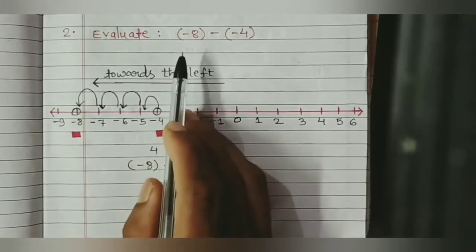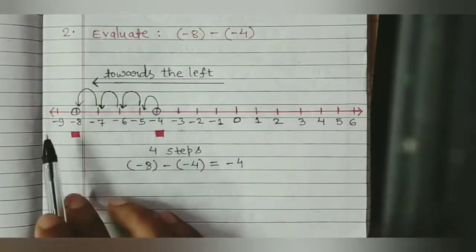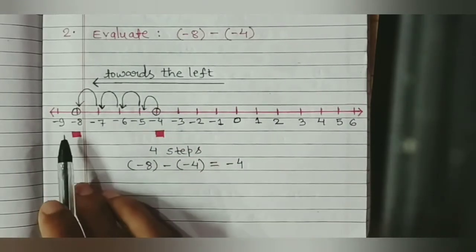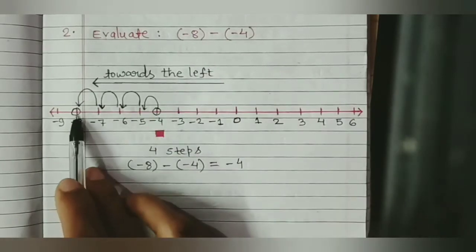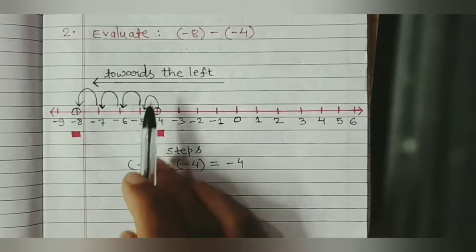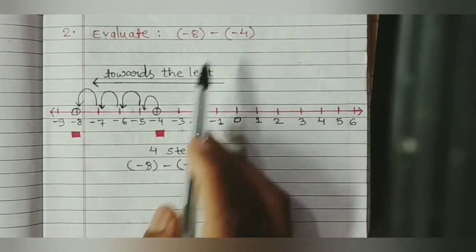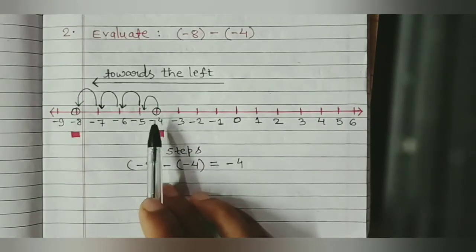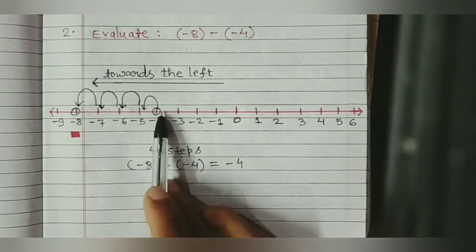Then I have marked the first integer, minus 8, in this place. Then I have marked the second integer, minus 4, in this place.